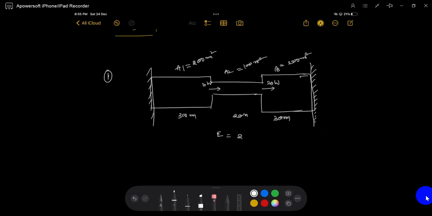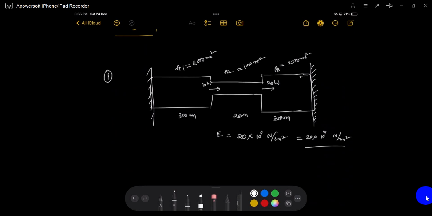Same thing, 20 into 10 power 6 Newton per centimeter square. Converting to mm square, that is 20 into 10 power 4 Newton per mm square.